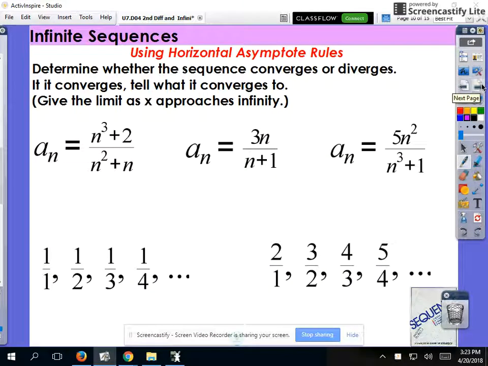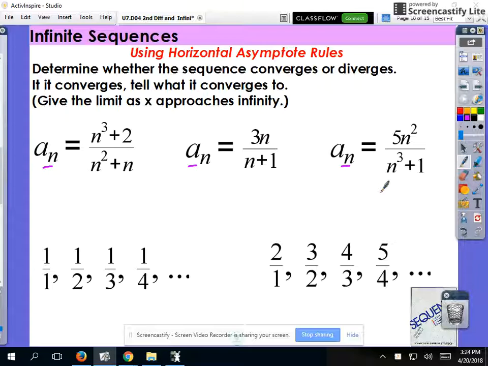All right, let's go ahead and talk about some cases where a sequence is listed as kind of like a function. So you can see these top three, this guy, this guy, this guy, they're written as functions. So we can plug in 1, plug in 2, plug in 3, and that's how we would create our sequence. For our purpose right now, we just want to know, does it converge or diverge?